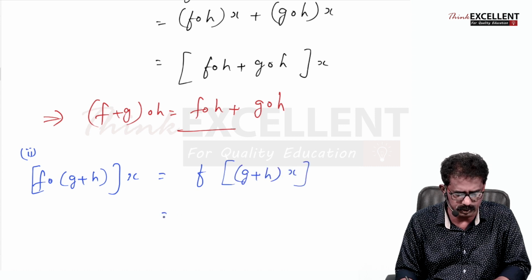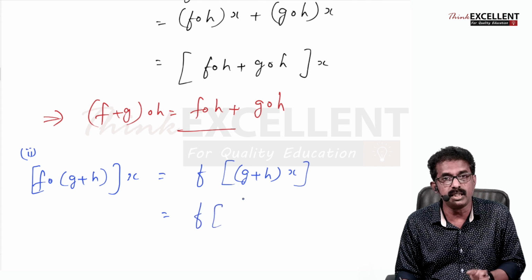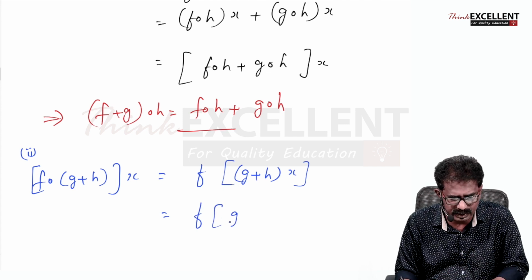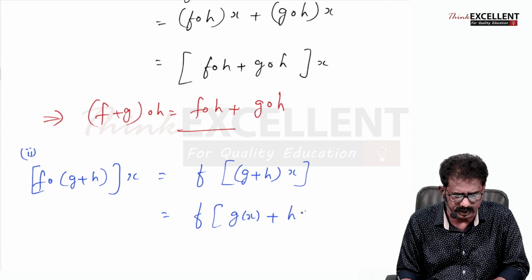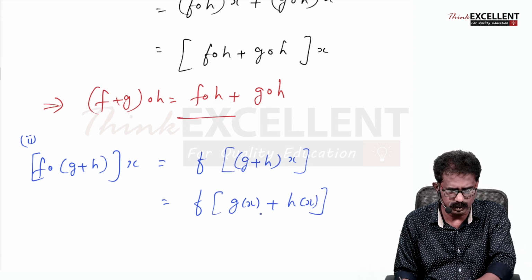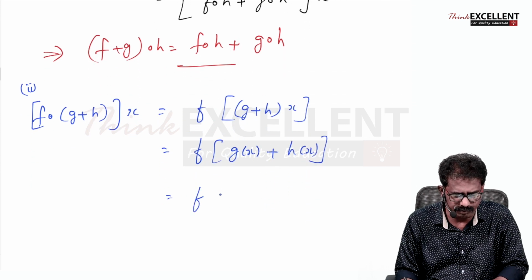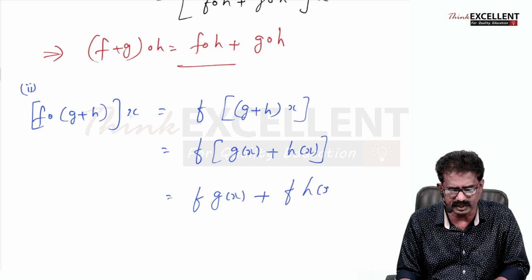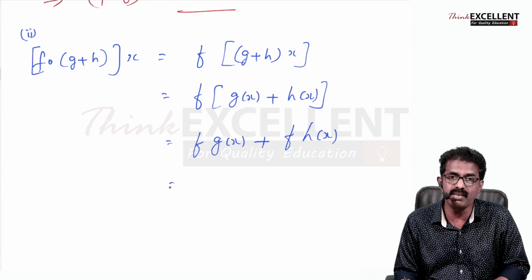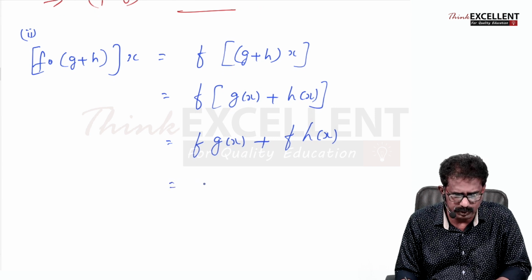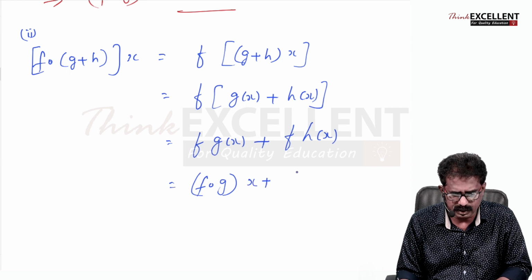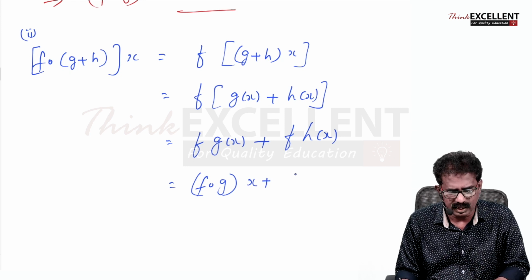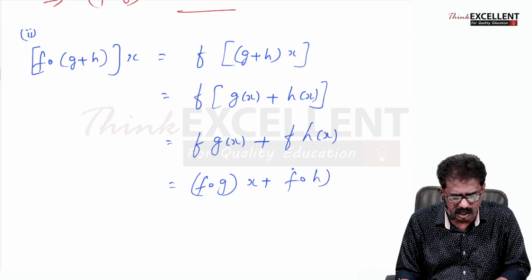Hope you understood this step. So that is f of g plus h of x, which means it is g of x plus h of x. So this can be written as f of g of x plus f of h of x. f of g of x means f composition g of x, right? Plus f of h of x is f composition h of x.